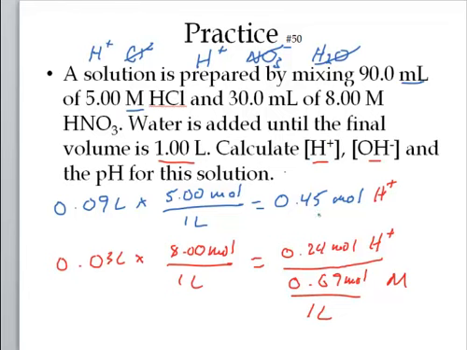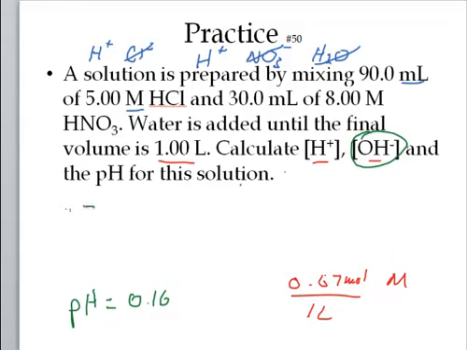According to my calculator, the pH equals 0.16. Okay, so I've got my concentration of H plus, and my pH is 0.16. Now I still need my OH concentration.